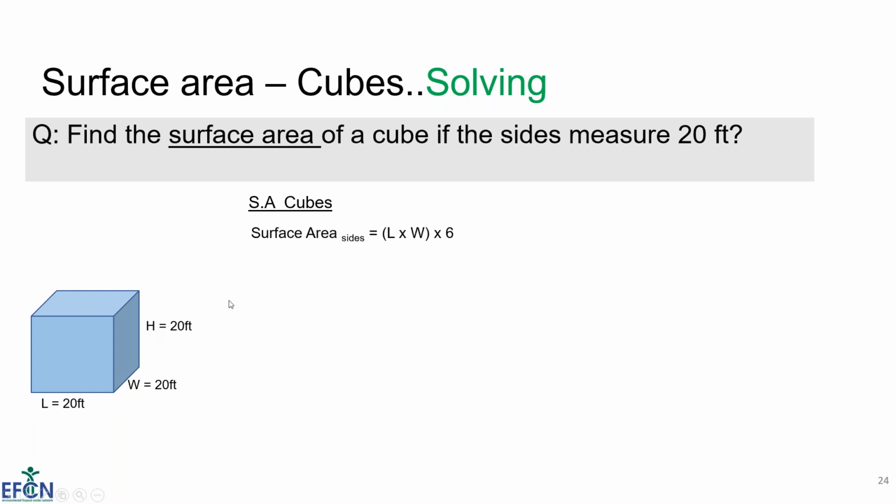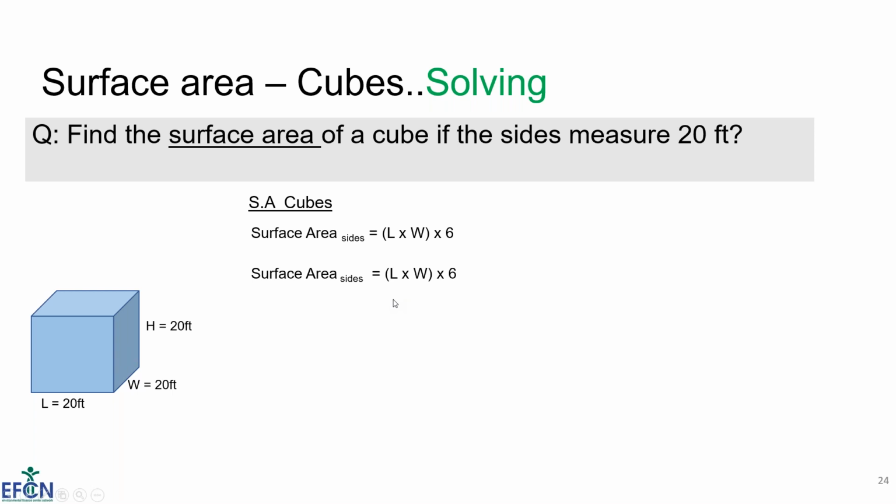And so we want to write down our formula. And we know that the surface area of one of these sides is just the length multiplied by the width. Now we have to know that we have 6 different sides when we are dealing with this cube, and all these sides are equivalent to the others, so we don't need to worry about other sides being greater than the other. They're all the same.